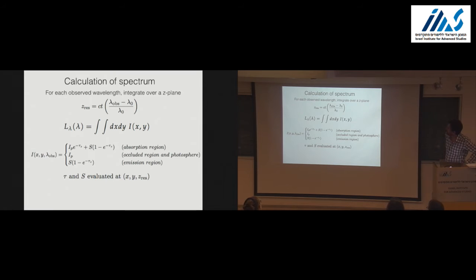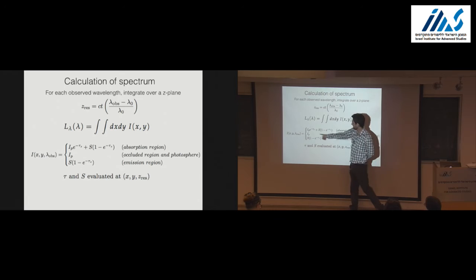So the numerical calculation is straightforward, which is what we just laid out to calculate the luminosity at any wavelength. It's really just an integral over one of these planes that cuts through whatever geometry you have. So for some particular wavelength that you observe, it maps to some z-plane, and the luminosity you see is an integration over x and y, the dimensions perpendicular to that plane, of this intensity.